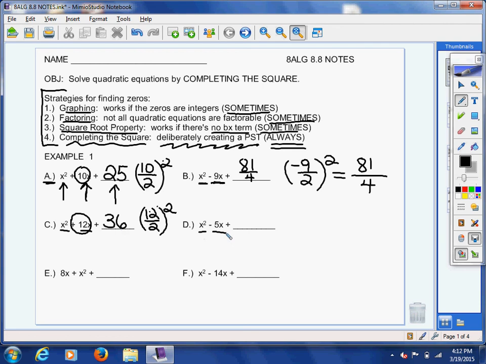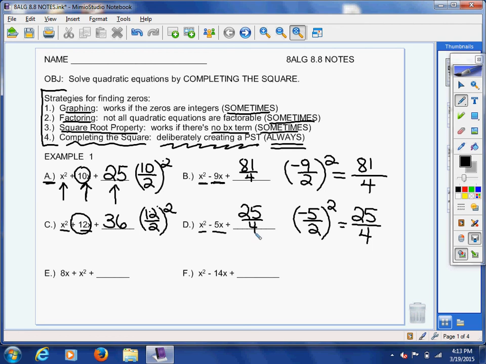We're going to take b, which is -5. We're going to divide it by 2. Now, because it's an odd number, I'm actually not going to divide it. I'm going to leave it there and just square what I see. Square the numerator, square the denominator, and that number, 25/4, is going to make that a perfect square trinomial.